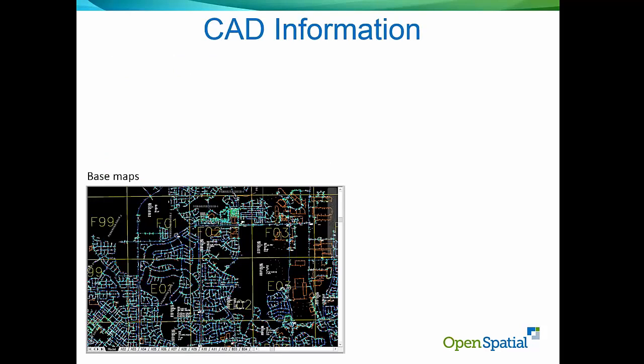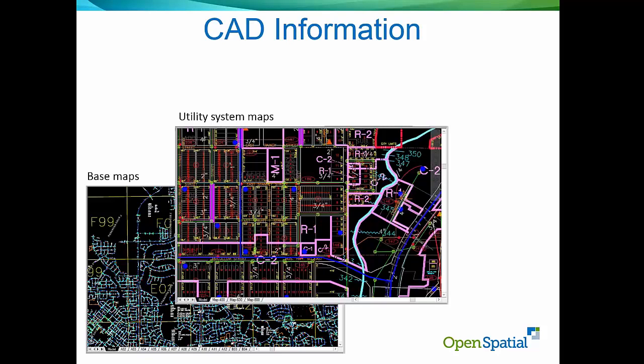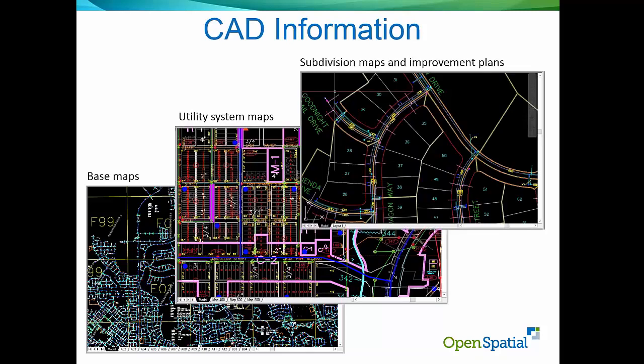Starting out, CAD can be an overview. It can look like a map. It can also go down to asset inventory, like utility system maps. And it can go all the way down to subdivisions and then buildings and build-outs and all of that. CAD is a wonderful communication tool because you can draw and construct dimensionally correct data in a plan view and do plan and profile and all of that.